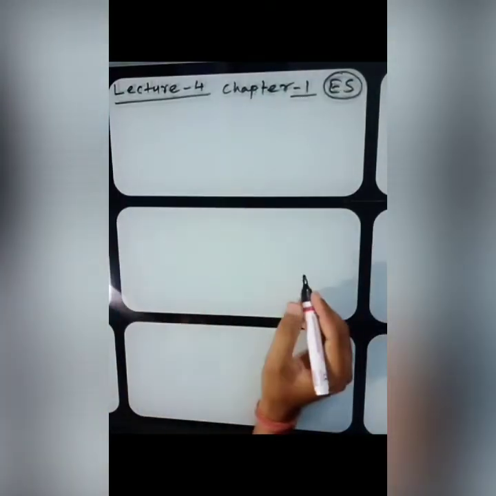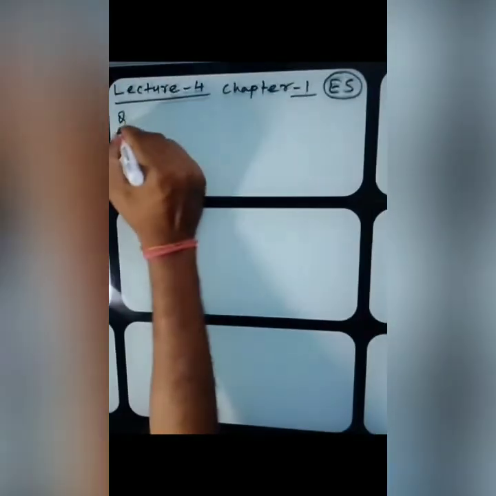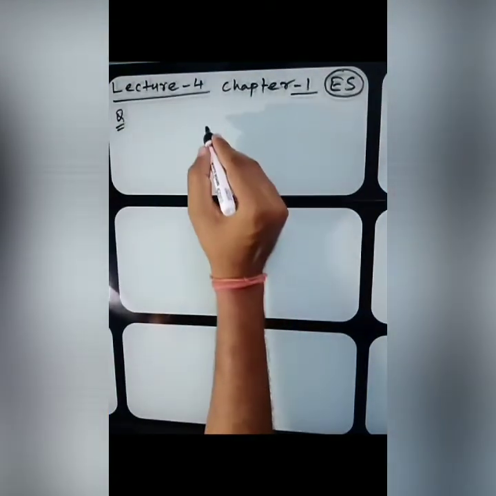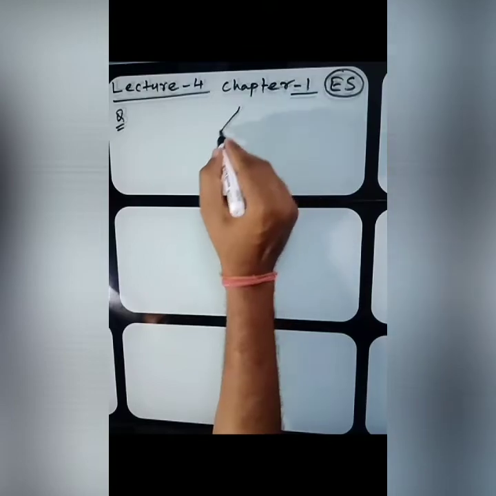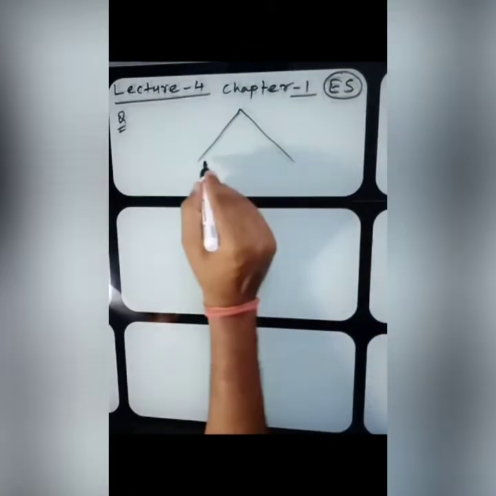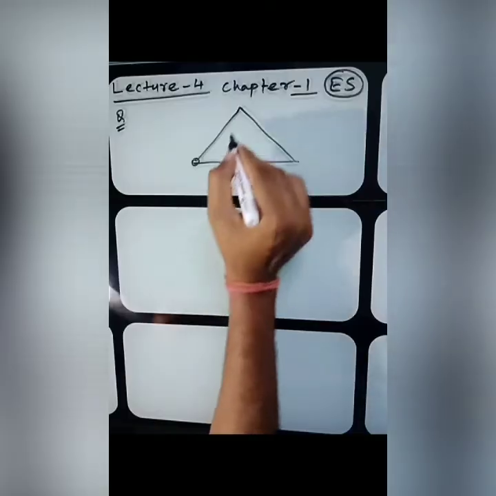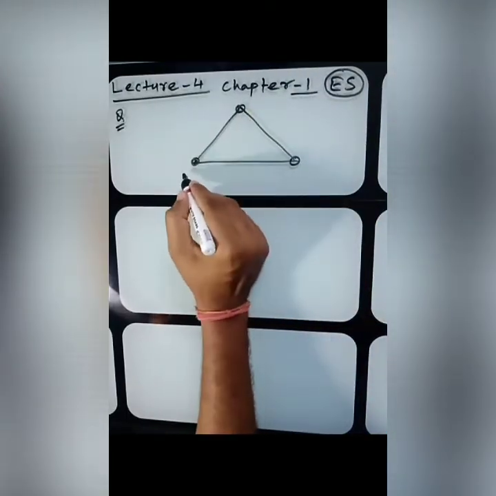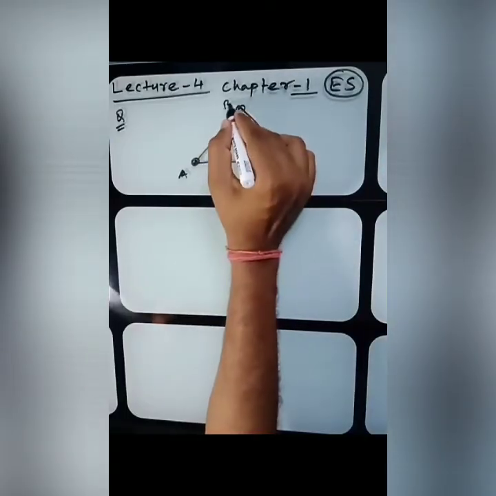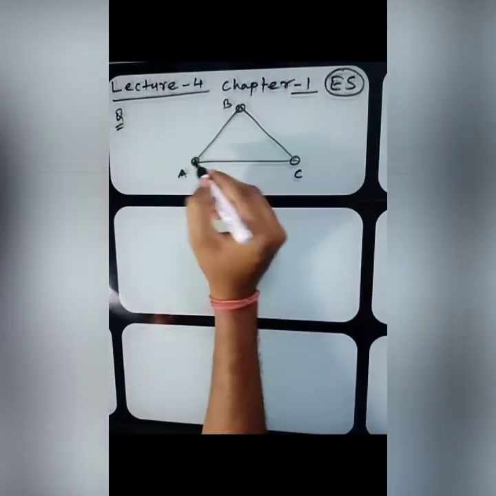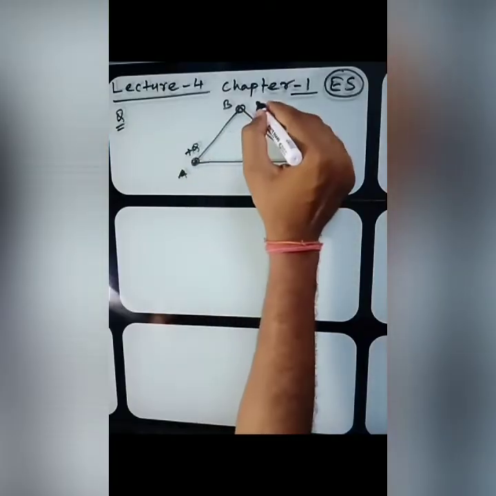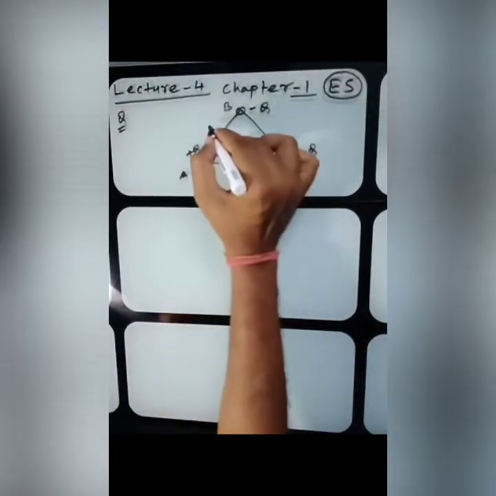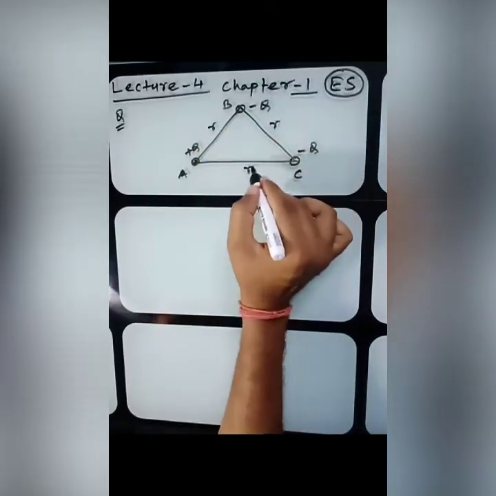Now another type of question, students. Next type, you have to find the net force on A. Okay, this is plus Q, minus Q and this is minus Q. The distance, suppose R, is an equilateral triangle.